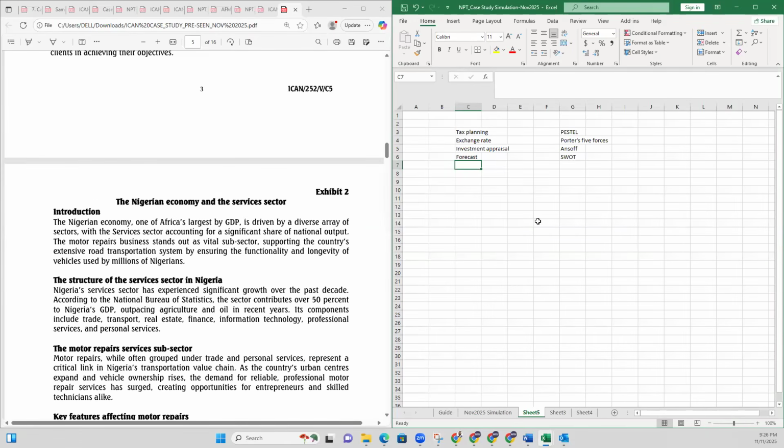Anything around strategy? Something is coming to mind around the JD that says assessment of business proposal, where we are assessing the strategic choice, strategic alliance, and all of that to grow the services sector.